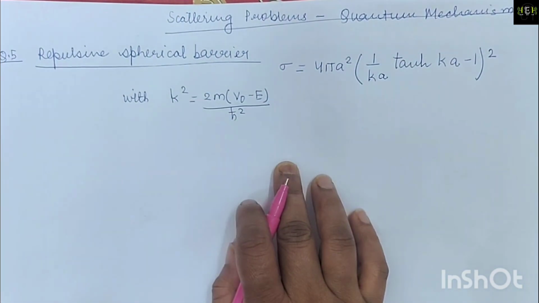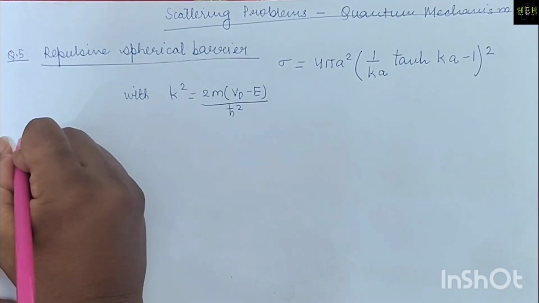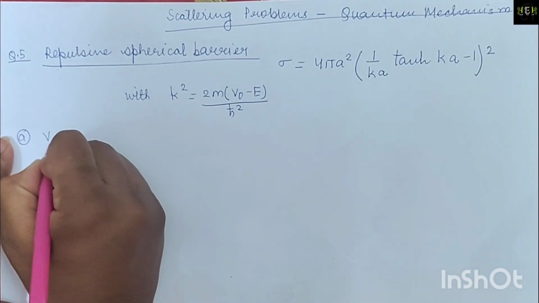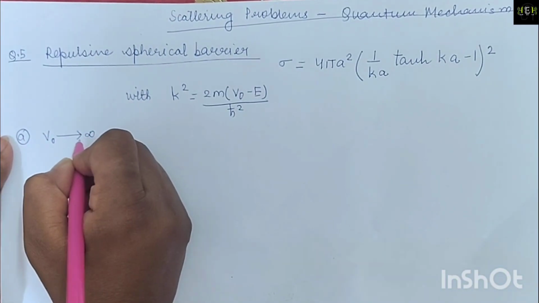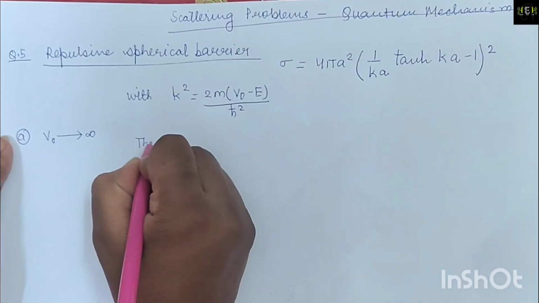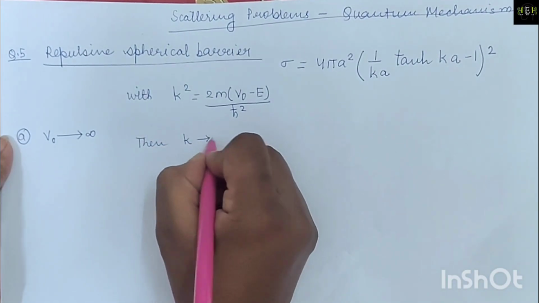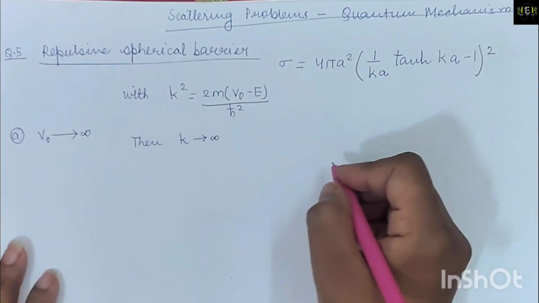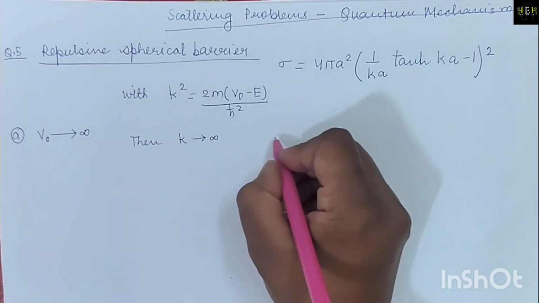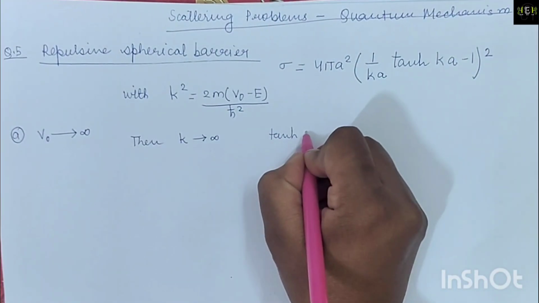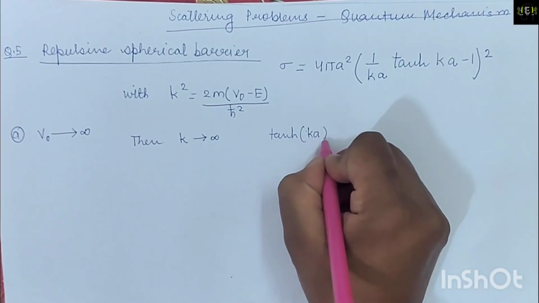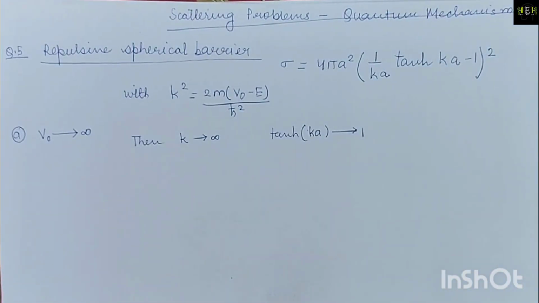Is this okay? Now my next question is, they are asking what will happen when V naught tends to infinity. When this happens, my k also tends to infinity, and tanh ka also tends to 1, right?